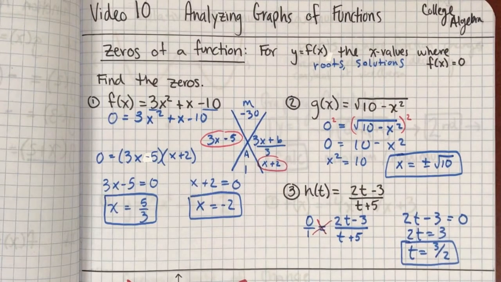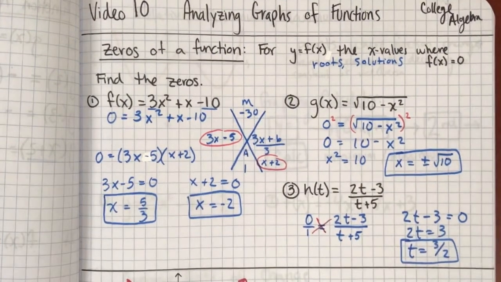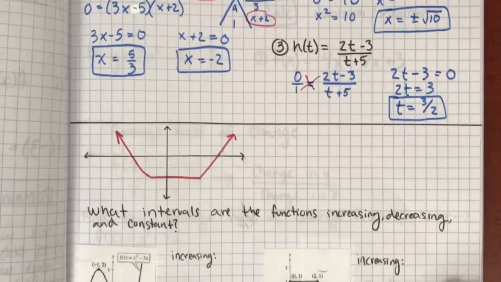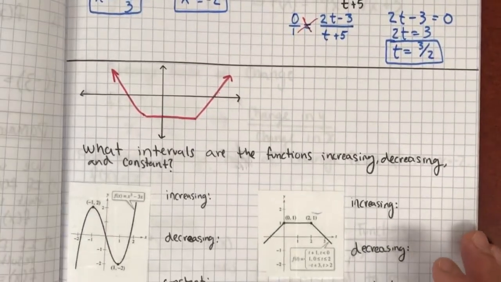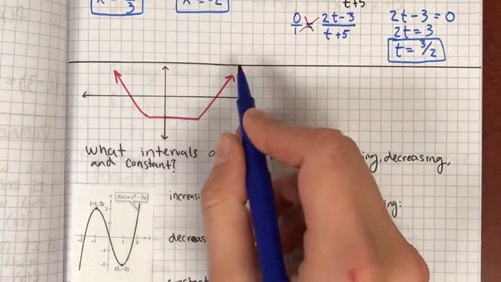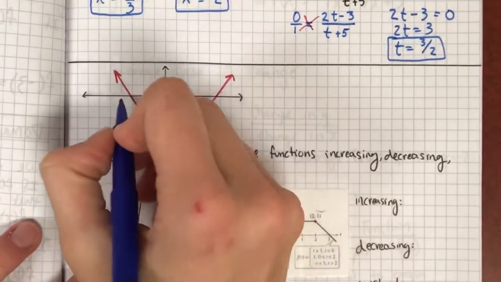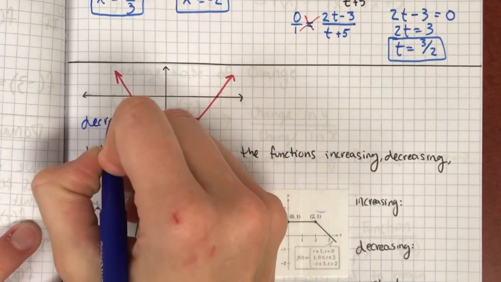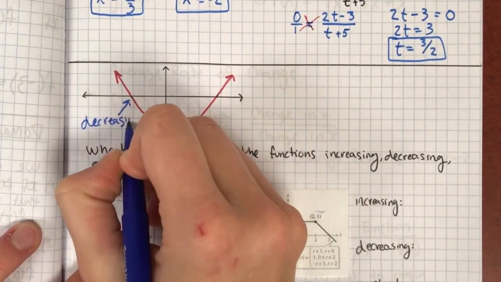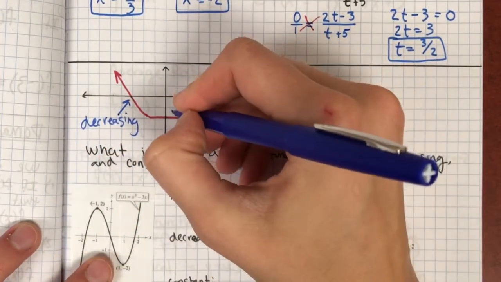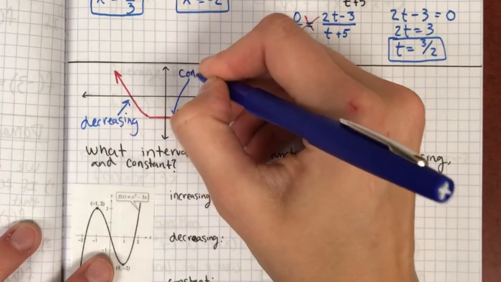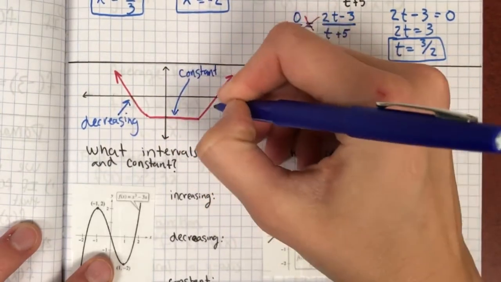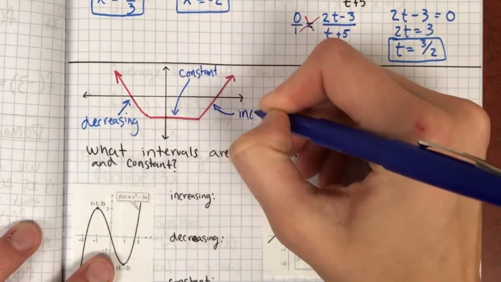All right, so moving on, talking about some graphs. So this could be just any type of graph, and we've got different intervals. So we've got decreasing intervals, intervals that are constant, and increasing.